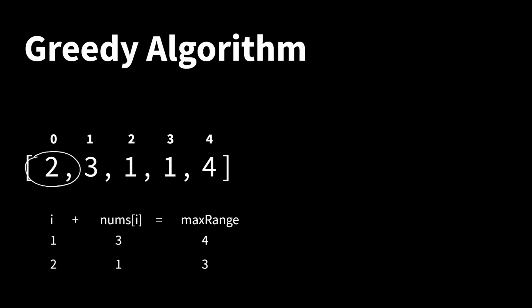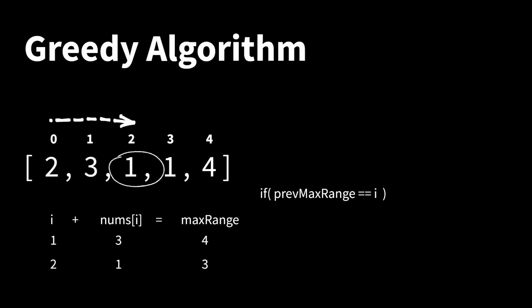That's always the scenario: the first number is always your maximum range. When you reach this number 1, you will be exhausting all your previous maximum range.